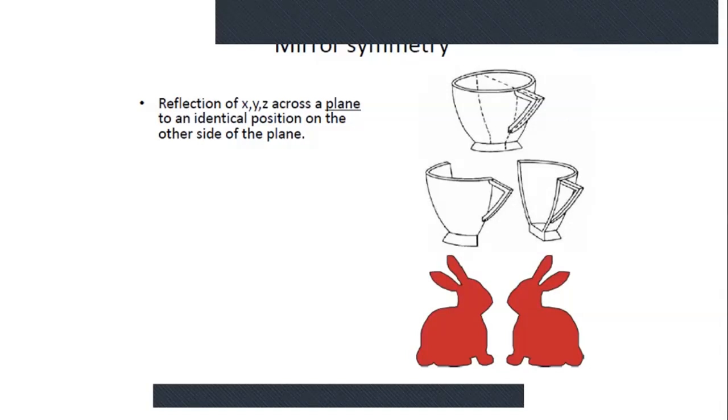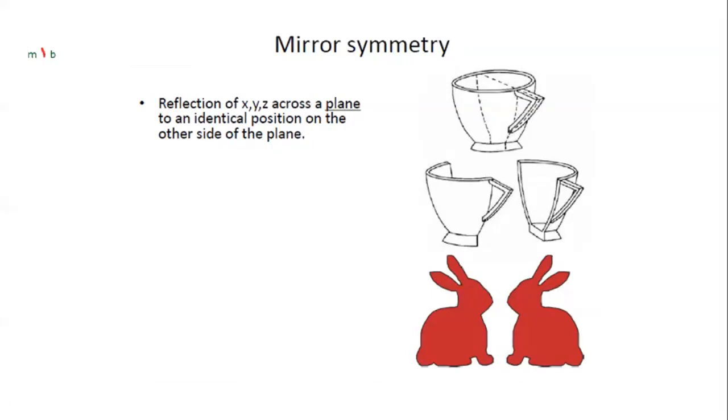And again, for mirror symmetry, only one coordinate becomes negative. So if we have a mirror plane perpendicular to B, if that was our symmetry element, then we would have X, Y, Z. If we do a mirror plane perpendicular to B, it would become X, negative Y, Z. So notice here, for mirror planes, only one coordinate becomes negative.